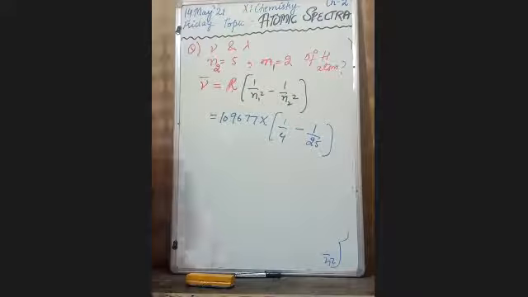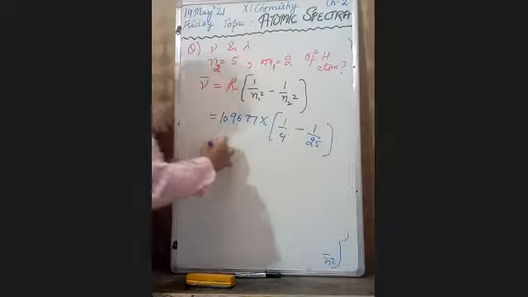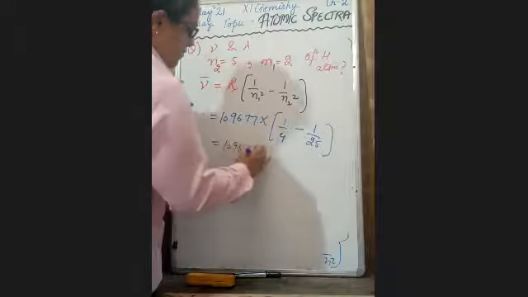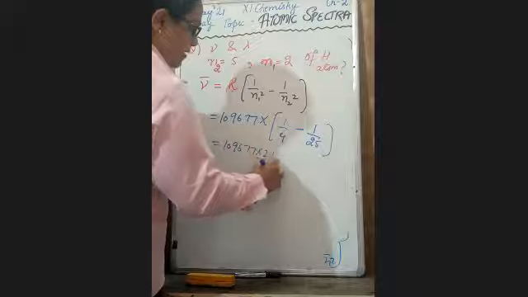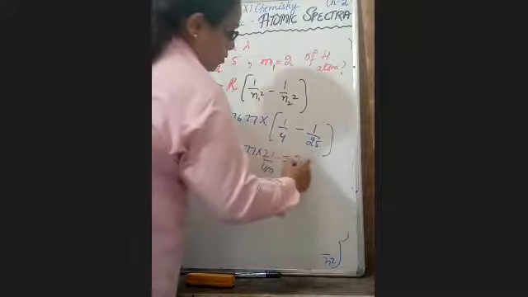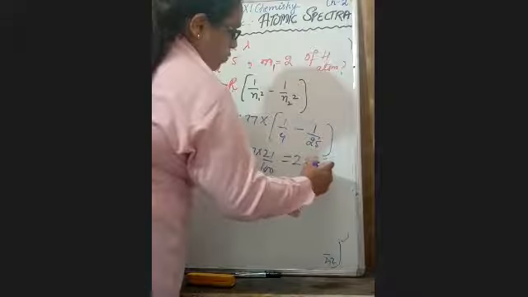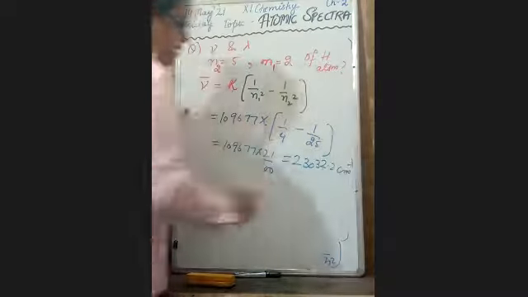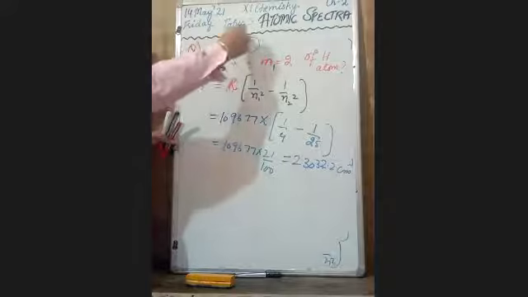Then you solve this. When we solve, it nearly comes out to be 109677 into 21 by 100. When you solve this, it is 23032.2 per centimeter.